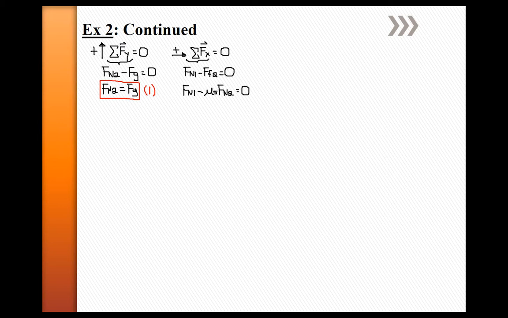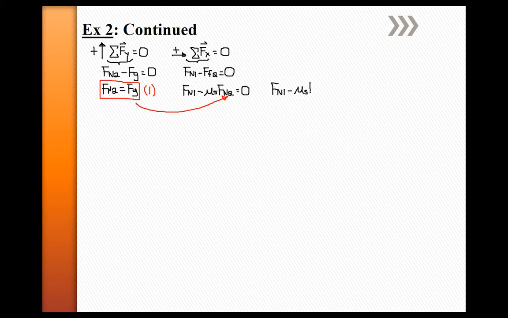Okay, I'm going to take this equation and plug it in to this one. So I'm going to take this equation and just throw it in for Fn2. If I do that, I would then have Fn1 minus mu s times, well, what's Fn2 equal to?